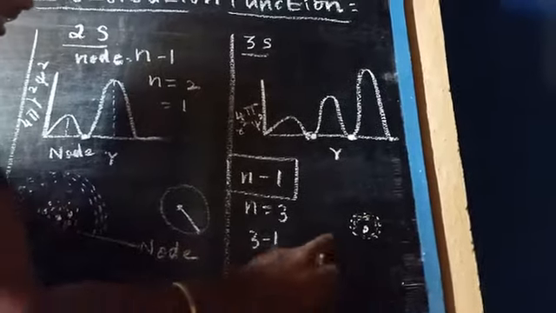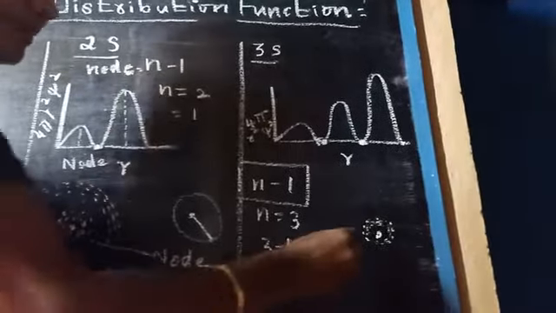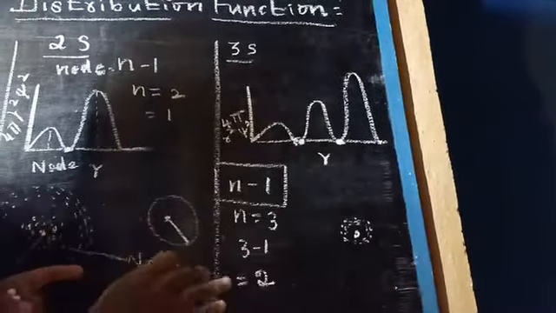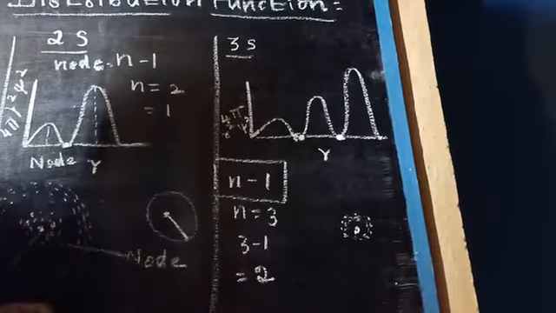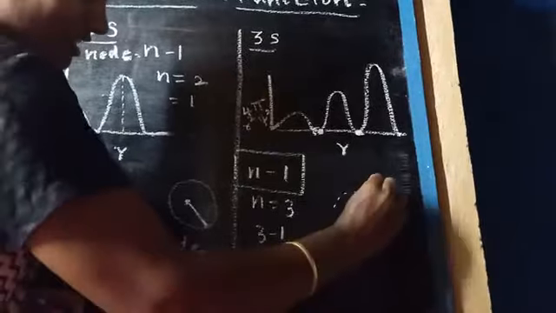Children, see here, not all the dots are electrons. The electron is present here or here or here, wherever; the dots are just randomly placed to represent it. Are you clear, children? Next there is no node, so just leave it.